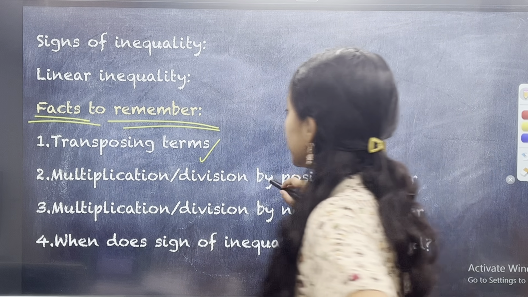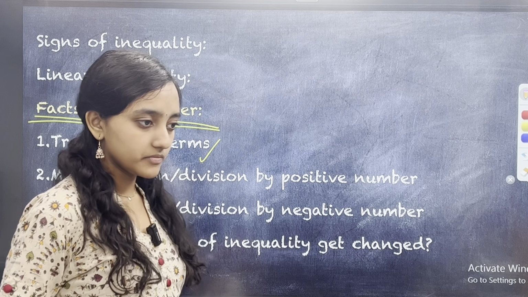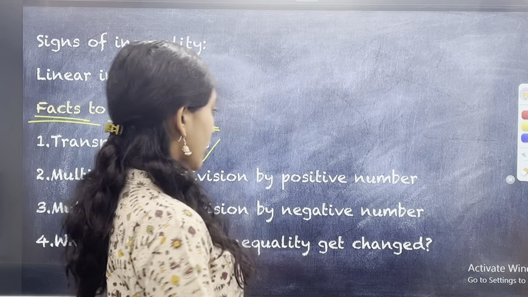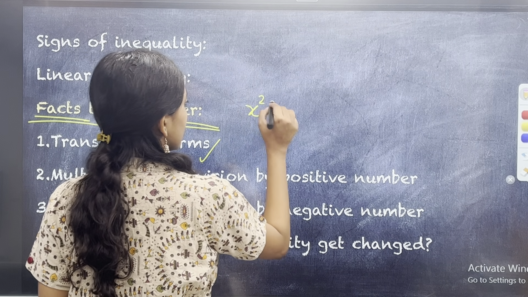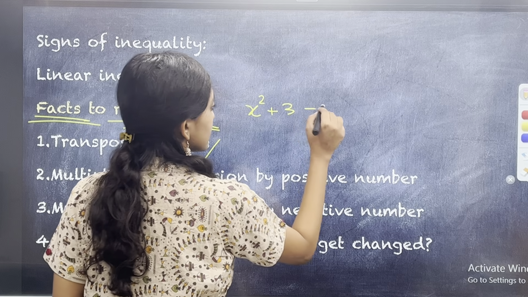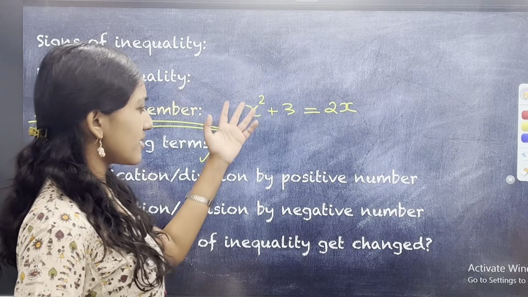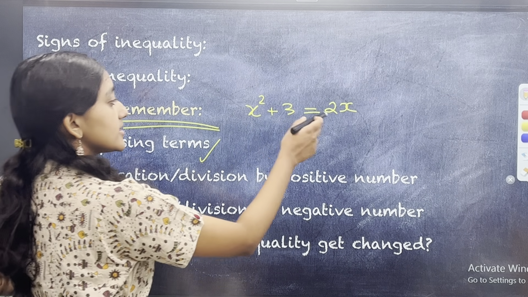Transposing terms. Basically, what I mean is that if you have certain variables on one side of the equation, for example, you have an equation x square plus 3 is equal to 2x. Okay, I'm taking an example with a quadratic equation, but the same thing applies.